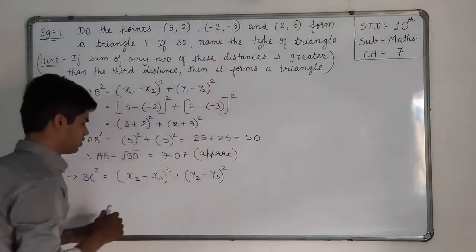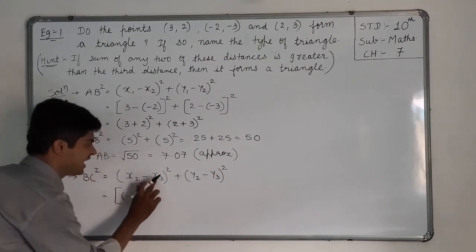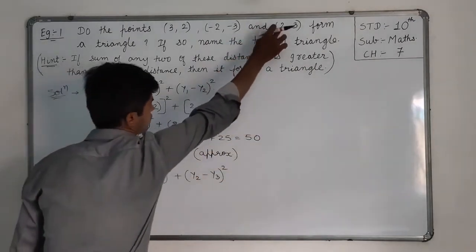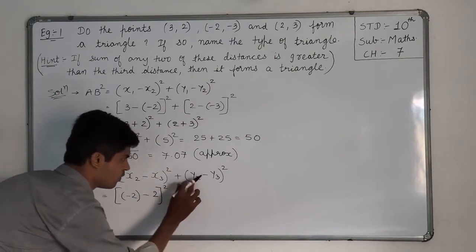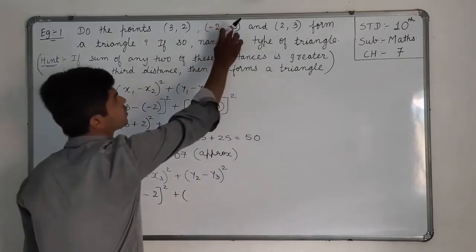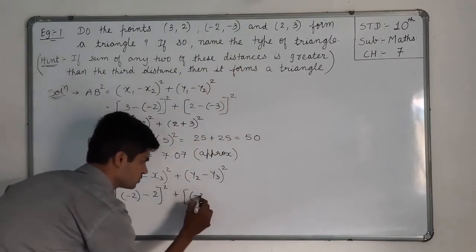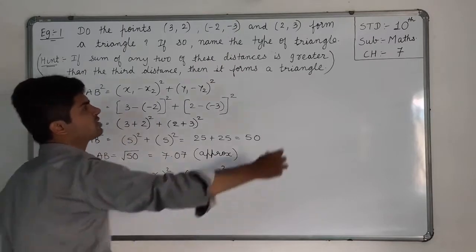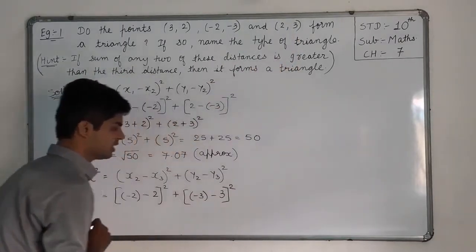x2 क्या है -2 है, so -2 minus x3, x3 is 2, whole square plus y2 यानी -3 minus y3, y3 is 3, whole square.